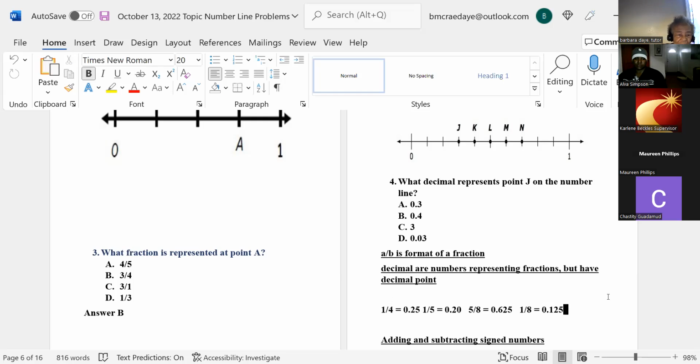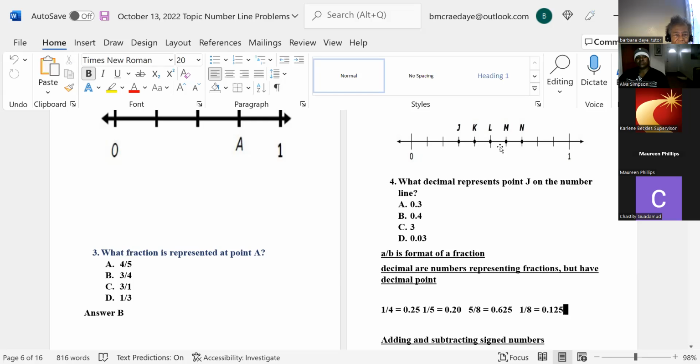Okay, so let's look at number 4. Which decimal represents point J on the number line? Maureen, what would you say? Between 0 and 1, we have decimals. So what decimals do these points represent here? 1, 2, 3, 4.